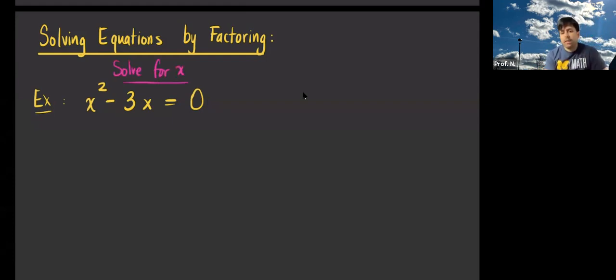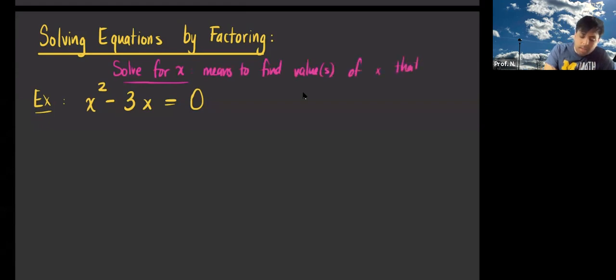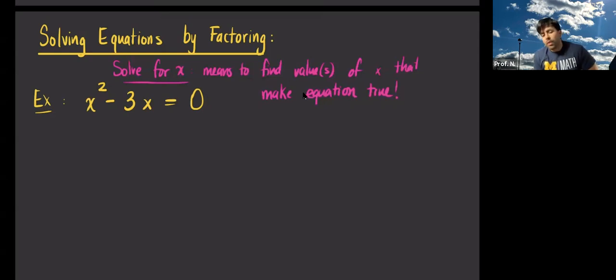And when I say solve for x, I mean to find the value, or values, of x that make the equation true. That's what it means to solve. When you solve an equation, you're solving for the x value that when you plug it into the original equation, it gives you a true statement.